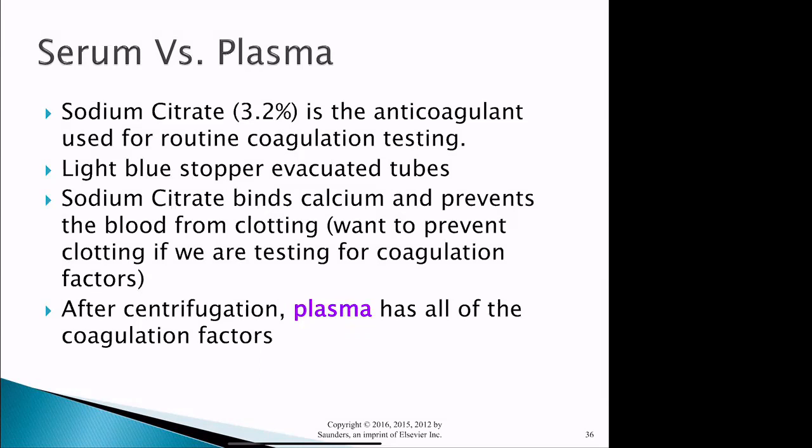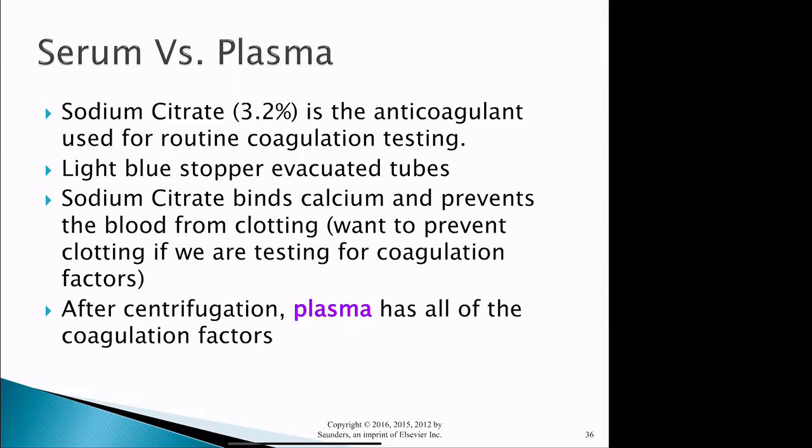So remember, we're going to talk about this coming week too, about these vacutainer tubes and what they have inside, but you may remember some of it from the video that we looked at the other day in phlebotomy. So this anticoagulant is really just small amounts, and it's sodium citrate 3.2. Sometimes they use sodium citrate 3.8, and that's okay.